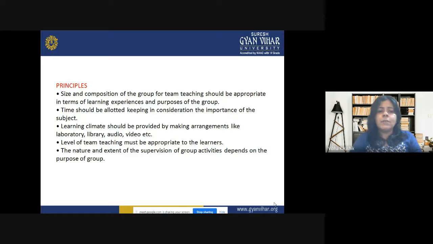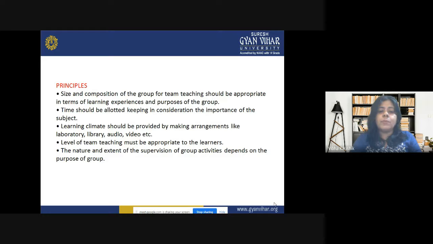Now, the principles of team teaching. Size and composition of the group for team teaching should be appropriate in terms of learning experiences and purpose of the group. Time should be allocated keeping in consideration the importance of the subject. How much time should be given for a particular team teaching should be decided on the basis of the importance of the subject.